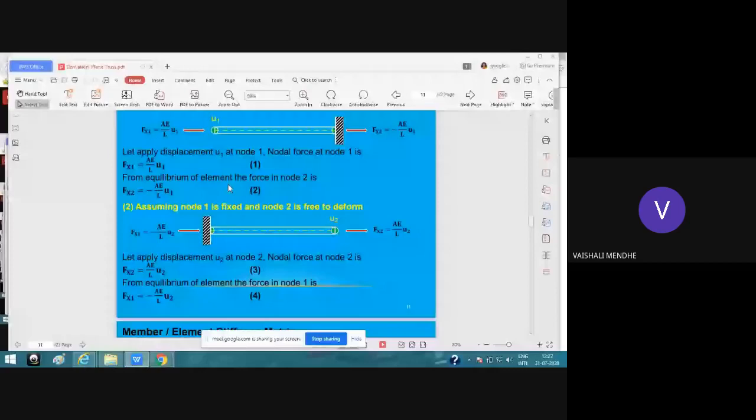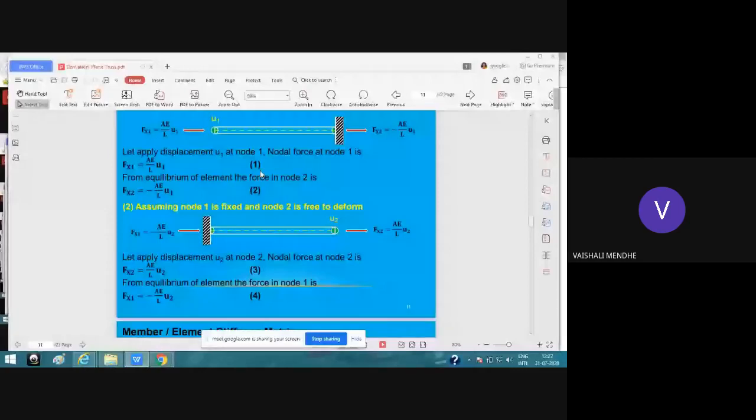So at node 2, you will get the nodal force Fx2 equal to A by L into U2, and at node 1, as it is opposite, you will get minus. So these are equations 1, 2, 3, and 4.